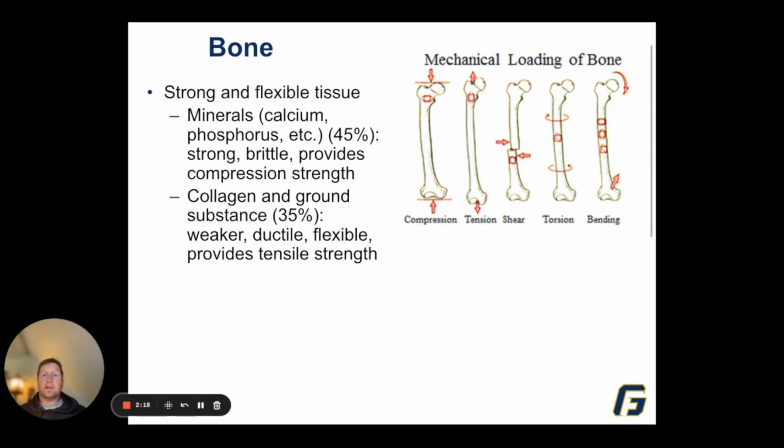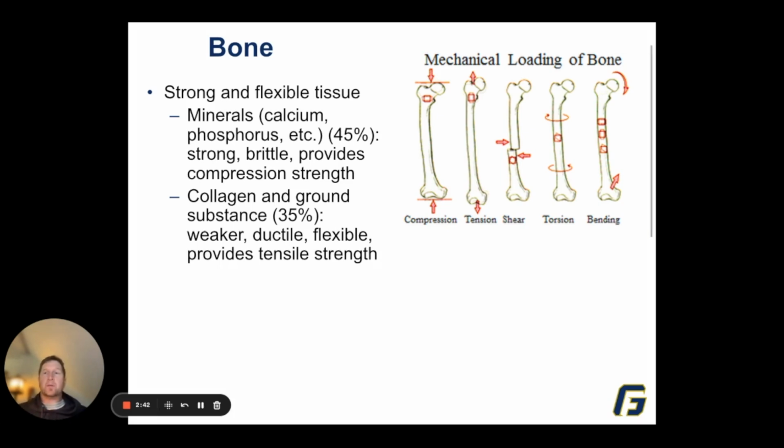So, starting with the skeletal system, from the bone standpoint, we oftentimes think of bones as just being this really rigid and hard structure. We already recognize them as strong. They're very strong, but they're also a lot more flexible than we typically recognize.